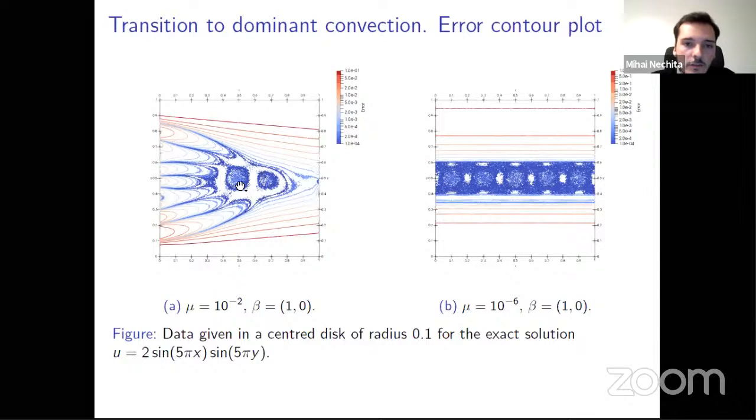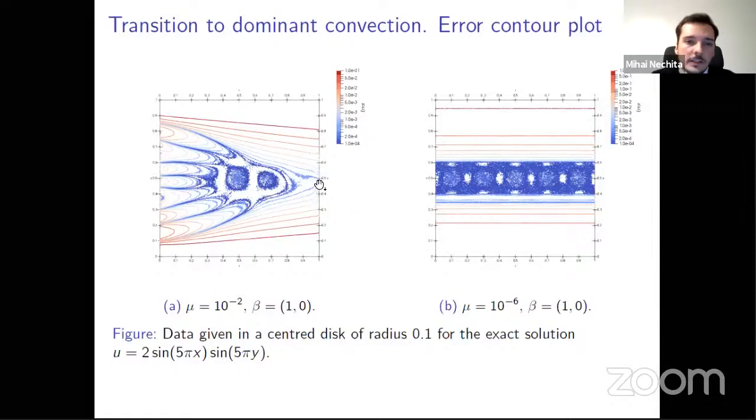And we also notice a difference between downstream regions, so the ones to the right here, and upstream regions, the ones to the left. So we see that the error behaves more wildly on the upstream region than on the downstream region.